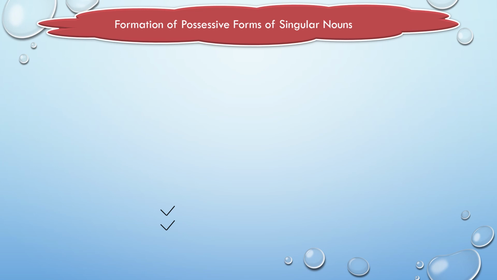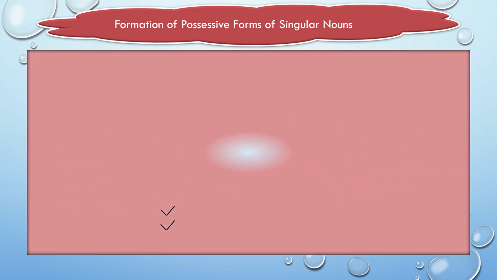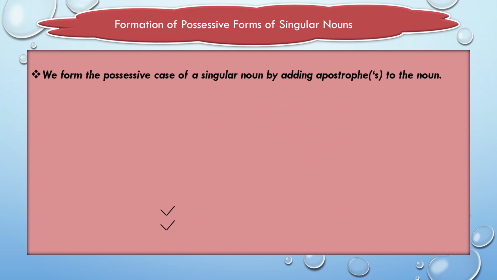So now children, we will learn about the formation of possessive forms of noun. First we will learn how to form the possessive form of singular nouns. We form the possessive case of a singular noun by adding apostrophe s to the noun.